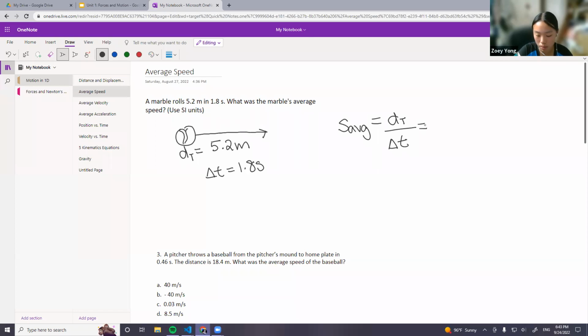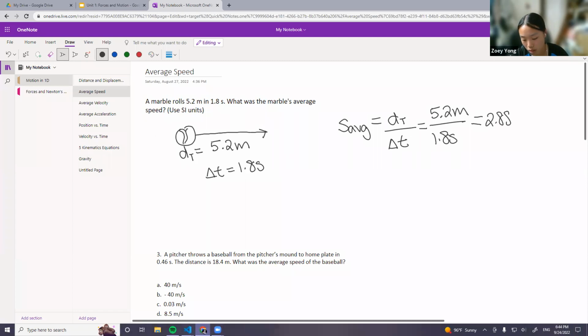So you can just plug in those numbers, 5.2 meters divided by 1.8 seconds, which is going to be equal to 2.888 repeated, which is meters per second, but we're going to round to 1 decimal point. So average speed is 2.9 meters per second.